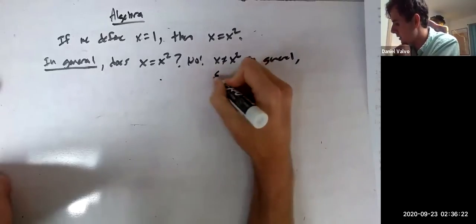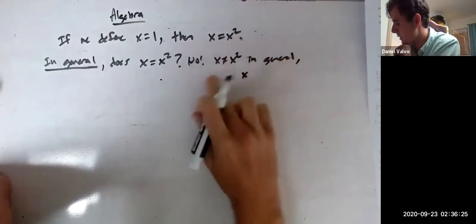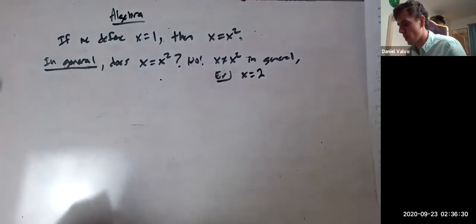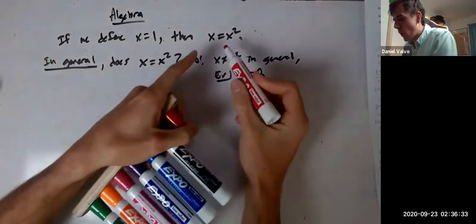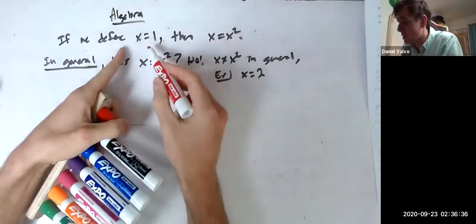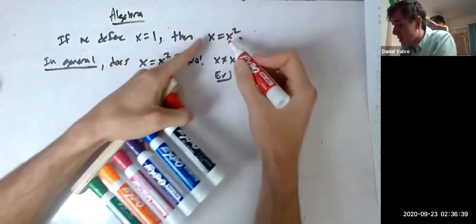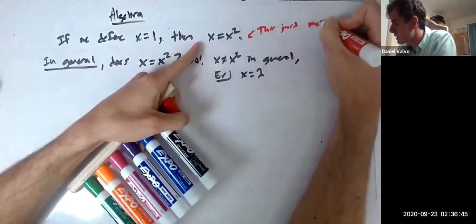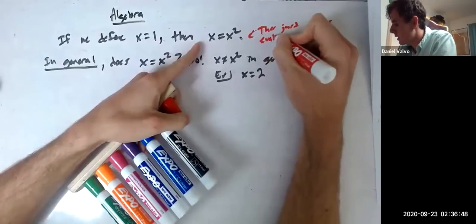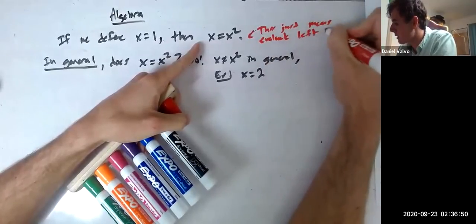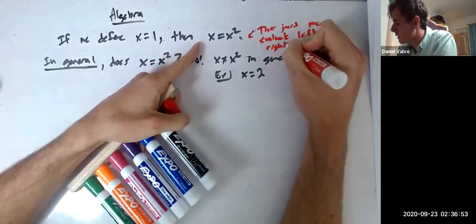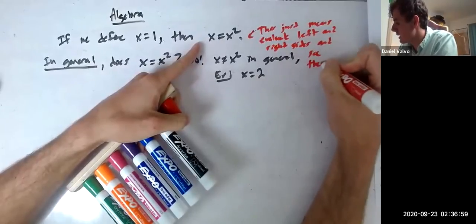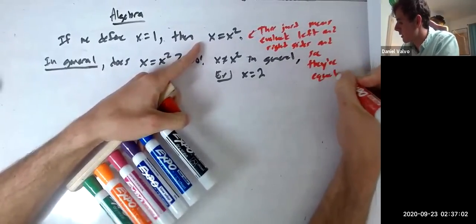In general, say, for example, X equals 2. So the point is, if we actually define the variables here, and we actually define what X is, then X equals X squared just means evaluate the left and right sides and see they're equal.